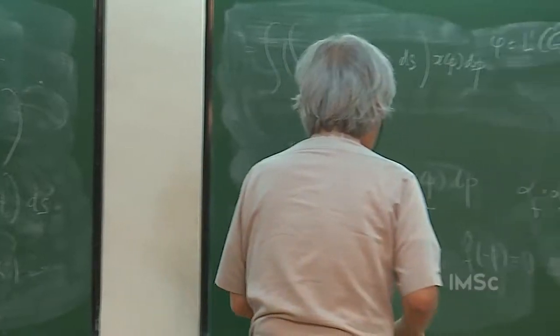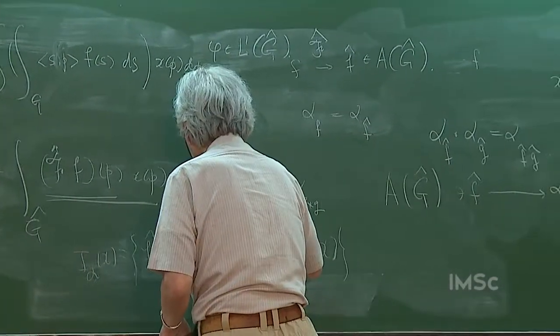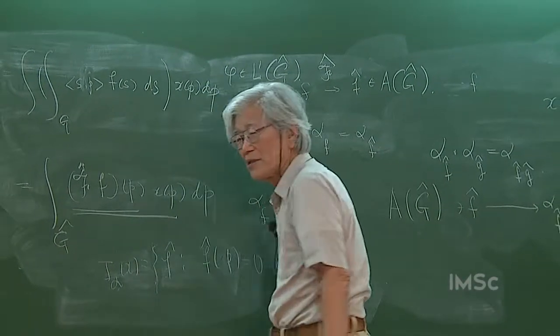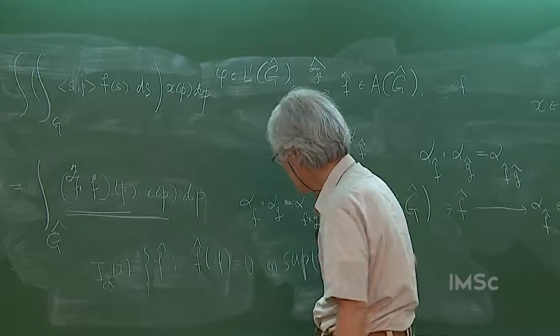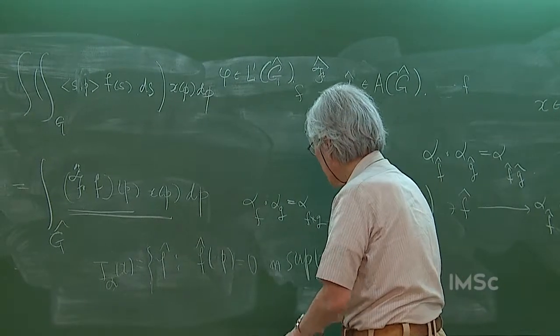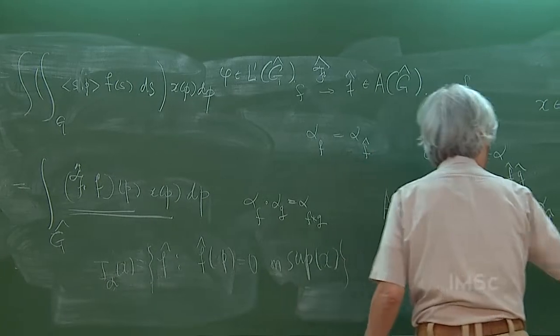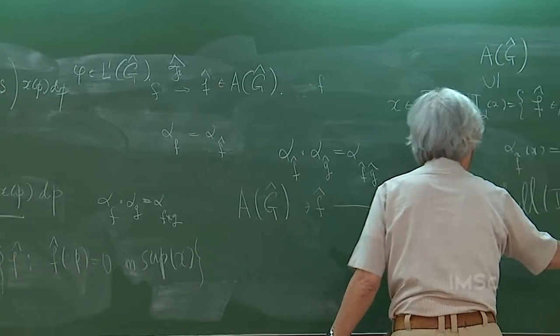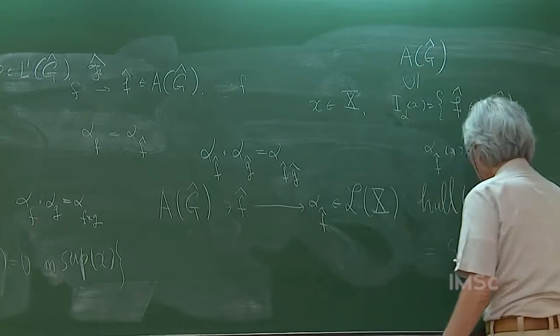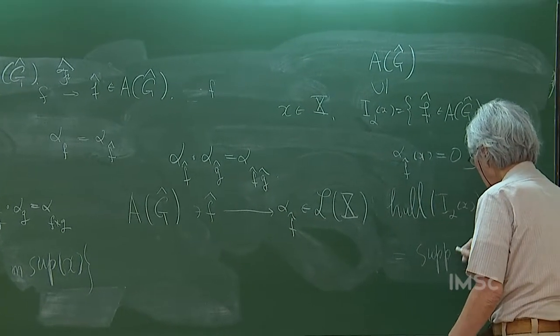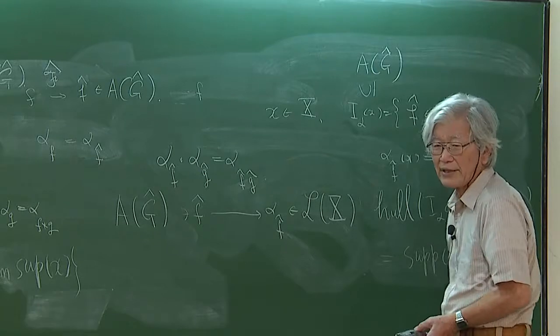So instead of this, you want f hat of p equal to 0. So this means that the spectrum is precisely the support of that function x.